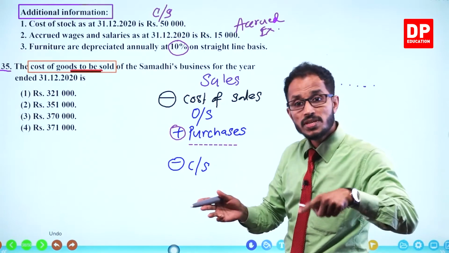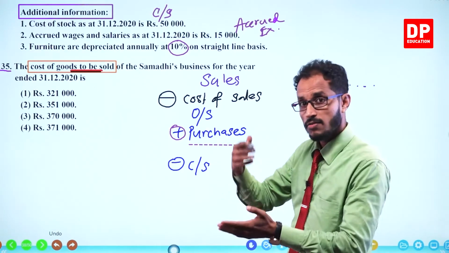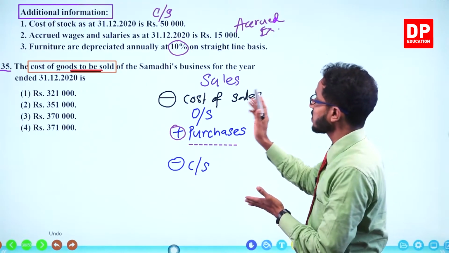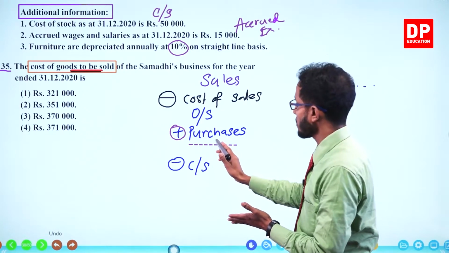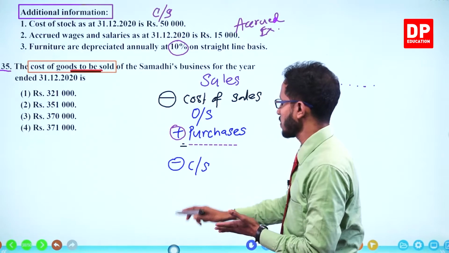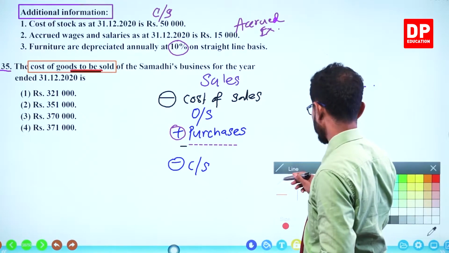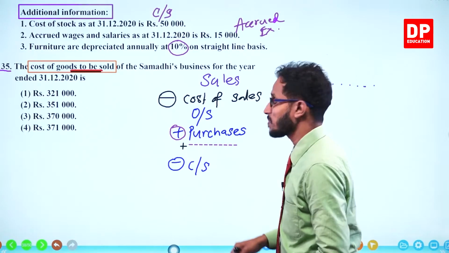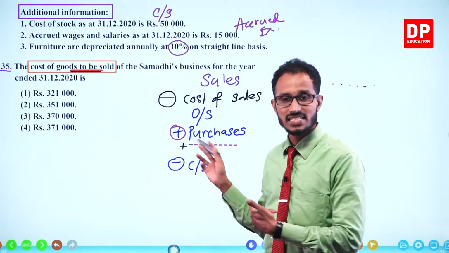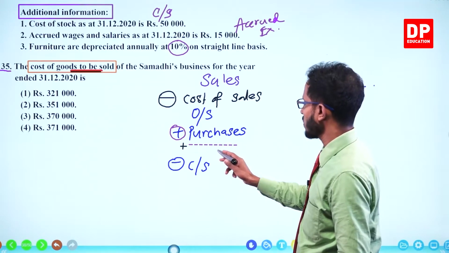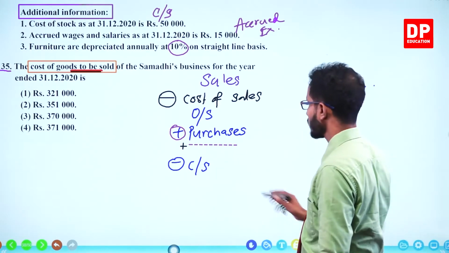That is the opening stock plus purchases, plus other purchase related items such as carriage inwards and loading expenses.